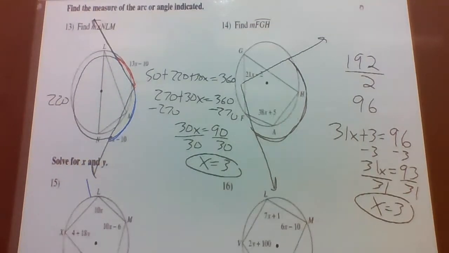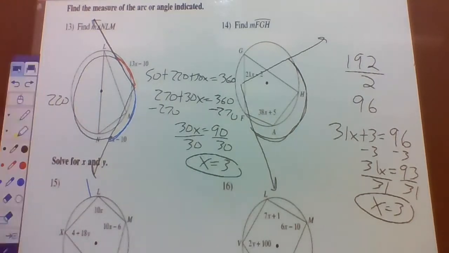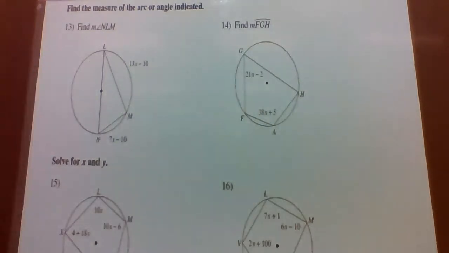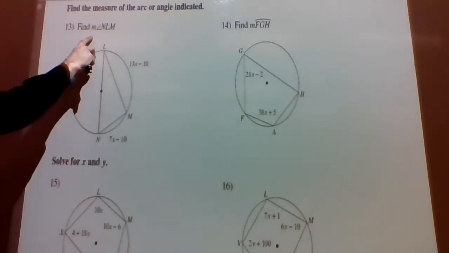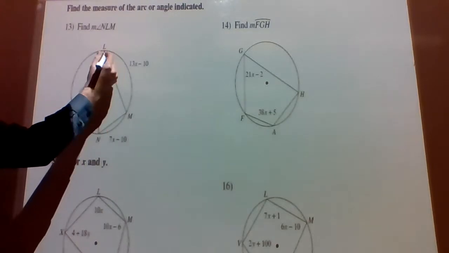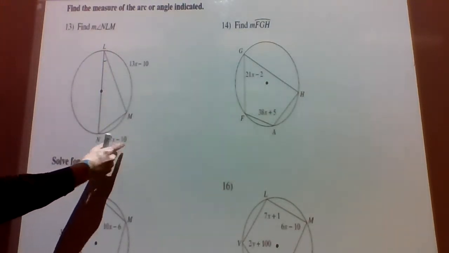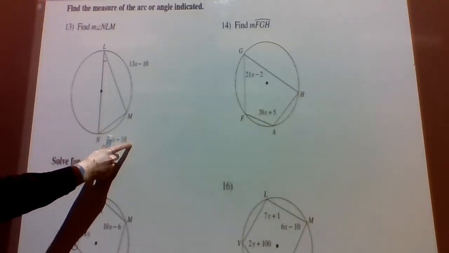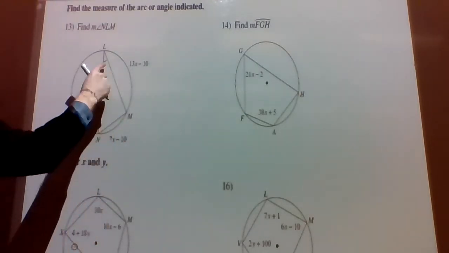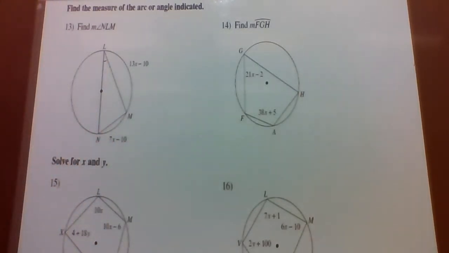13. Find the measure of the arc or the angle indicated. So we have to find x first, and they want the measure of angle NLM, that's going to be this angle right here. To find that, we're going to have to find x to find the measure of arc NM, and then we can divide by 2 because the inscribed angle is half of the intercepted arc.